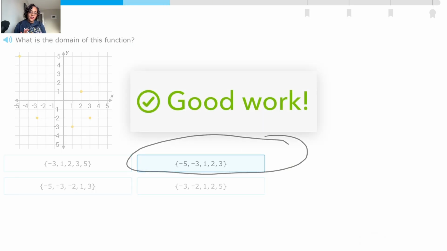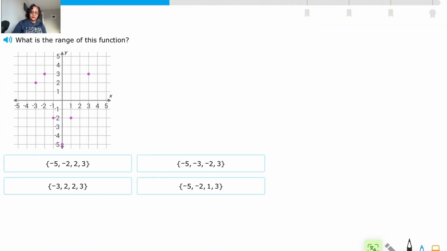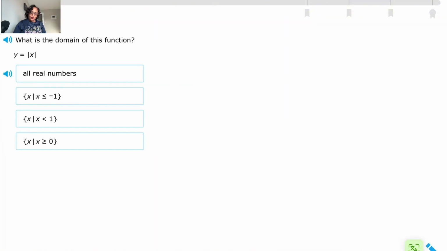All right, now let's take it to the high school level. Now we're getting to the parent functions. I talked about parent functions before in a different video. And it's saying what is the domain of this function. So now you have to incorporate some things like Desmos or the Nspire calculator.